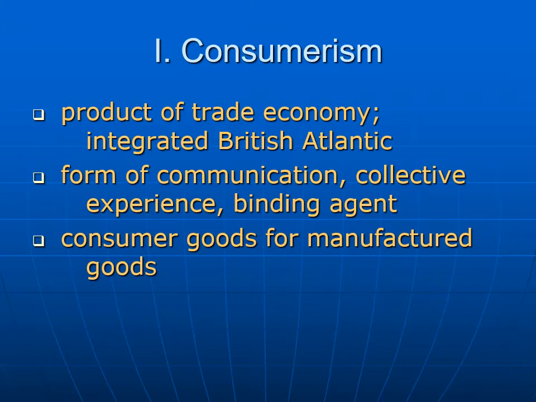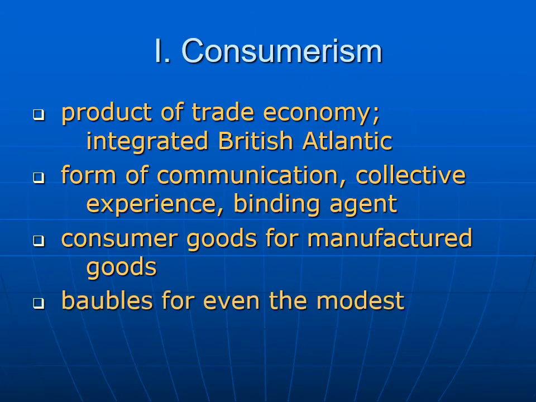And as a result of that vibrant trade economy and the affluence that came with it, even colonists of modest means, even farmers with modest holdings, even laborers who were working for others, blacksmiths and silversmiths and coopers and cobblers, could have enough money to buy a lot of the luxury and manufactured goods produced in Europe.